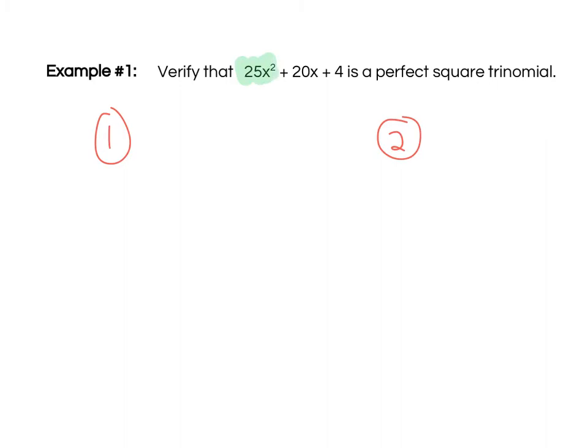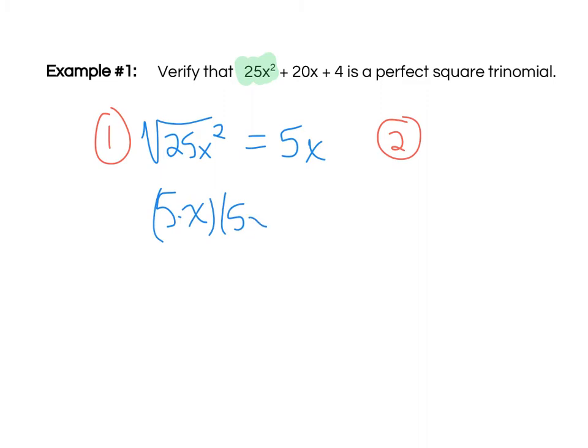Is 25x squared a perfect square? Yes, it is, because it has a square root that's nice and pretty. I know that 5x times 5x will give me 25x squared.